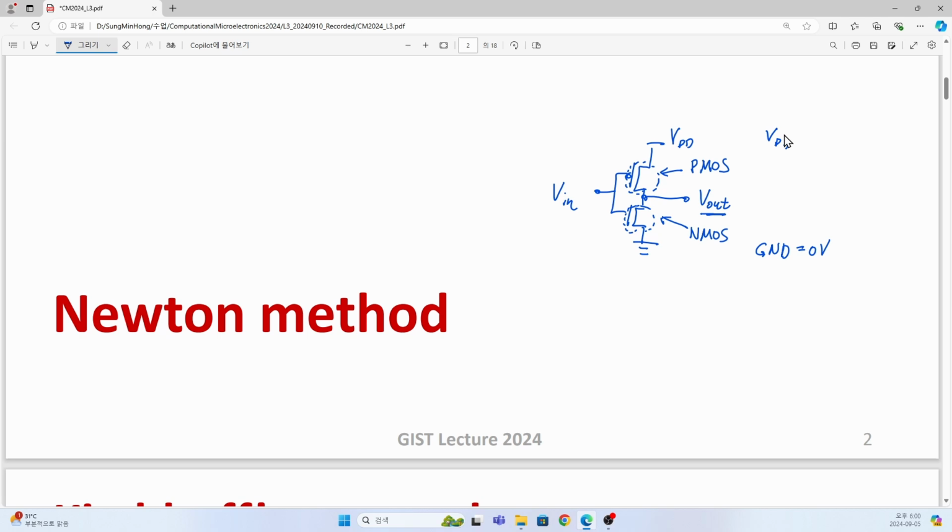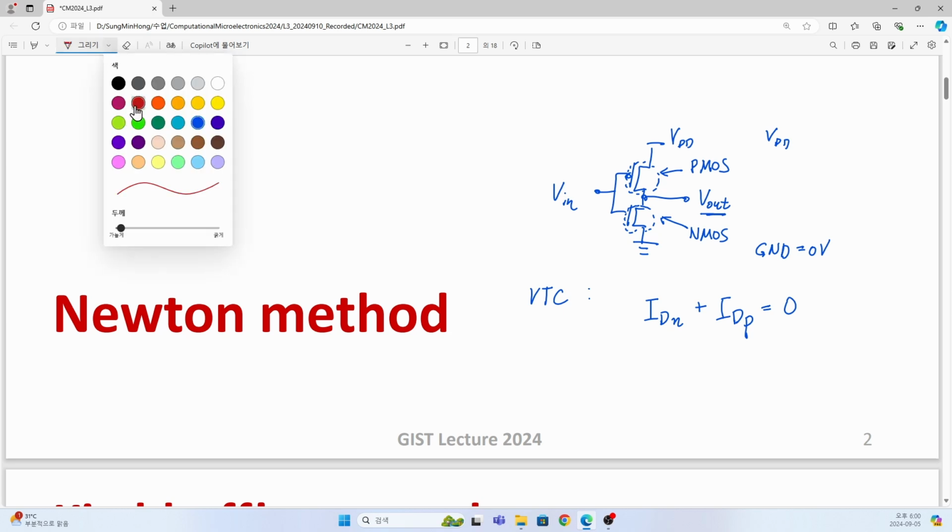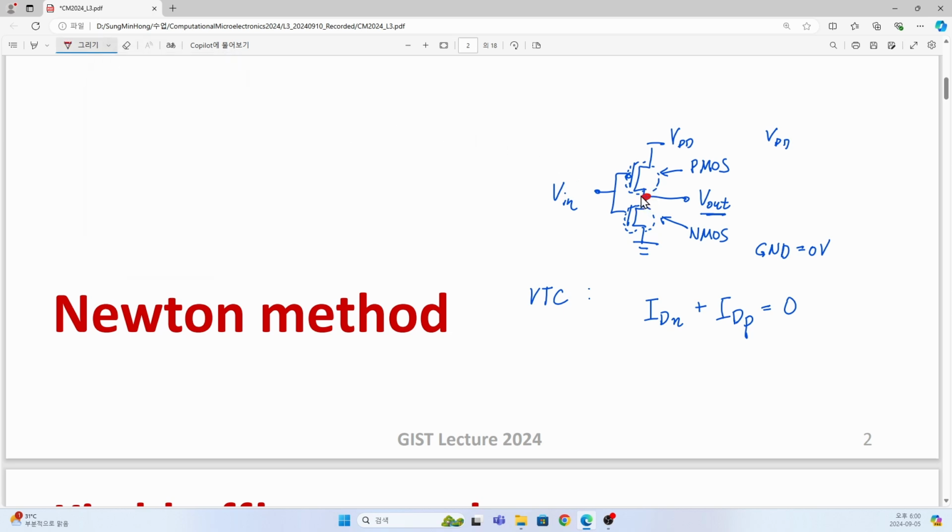In order to calculate its voltage transfer curve, we tried to solve a certain equation. What was the equation? The sum of the N MOSFET drain current and the P MOSFET drain current should vanish. It was applied to the node shown here. This output voltage node is connected to the drain of our N MOSFET and also the drain of our P MOSFET.